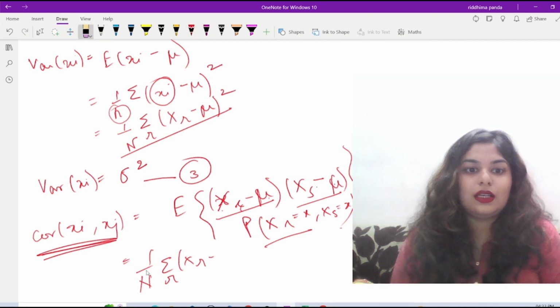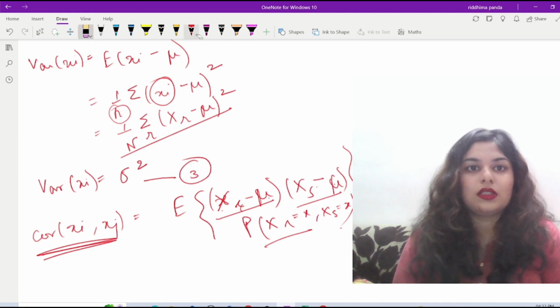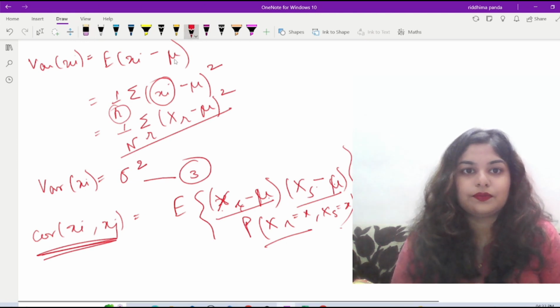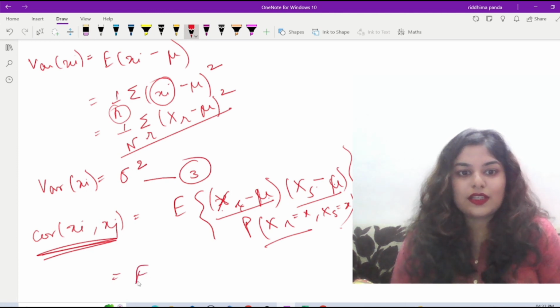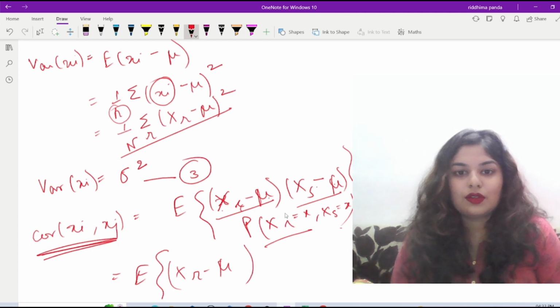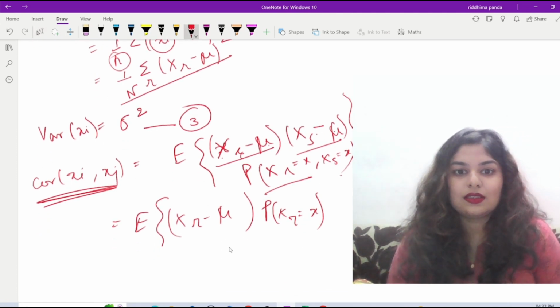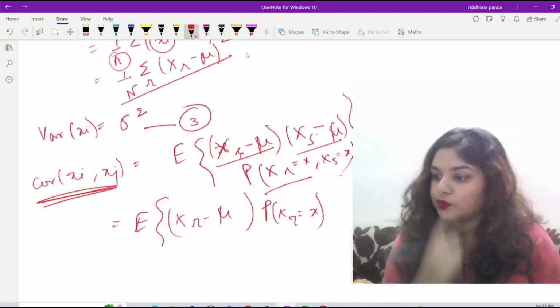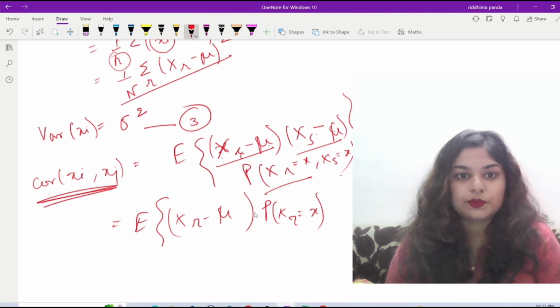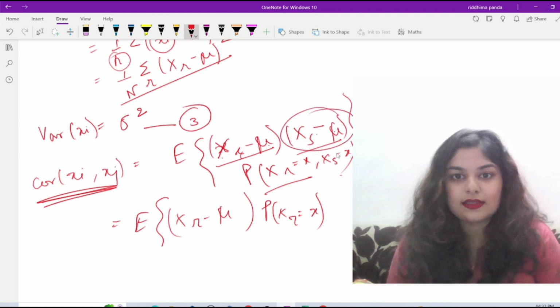So now let us calculate this expectation. If we calculate this expectation, what we find here is the expectation of xr minus mu times probability of xr equals to r, and another one is xs minus mu into probability of xs equals to s, right?